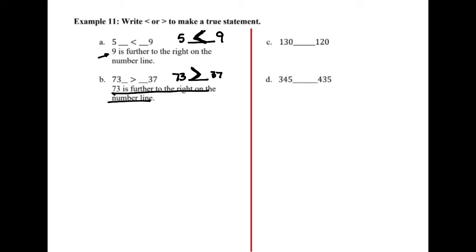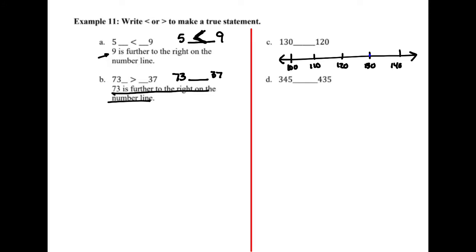Okay, let's do hours. If it helps you do a number line, let's do that. So here we go. We need to get 130 and 120 on the same number line, so I'm going to start with 100, 110, 120, 130, 140, we have the numbers we need, don't we?